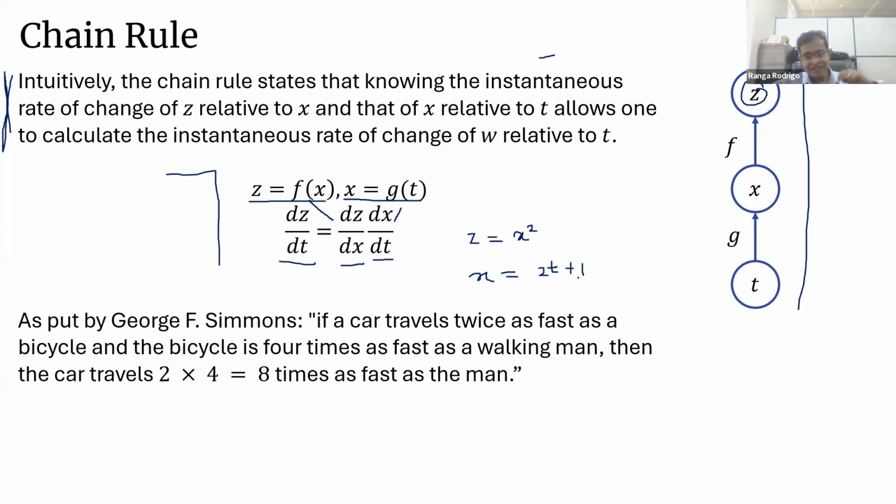How do you compute the dz by dt? So we have to write partial dz by dt is equal to dz by dx times dx by dt.